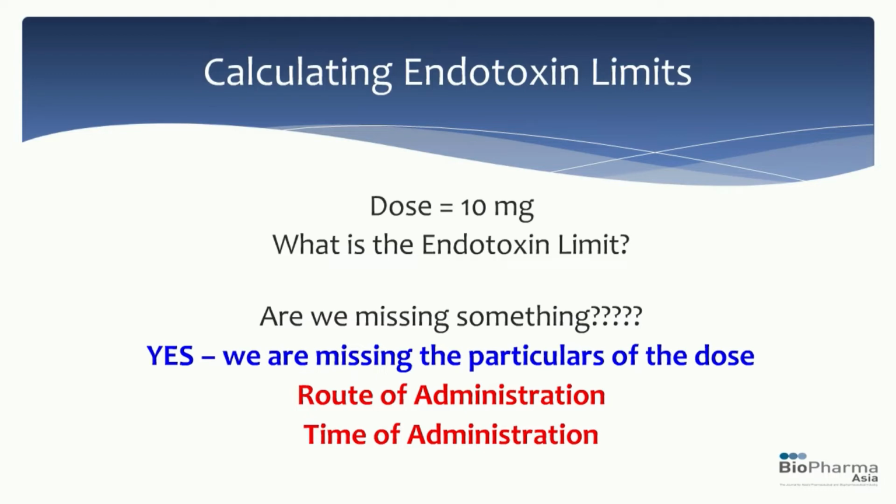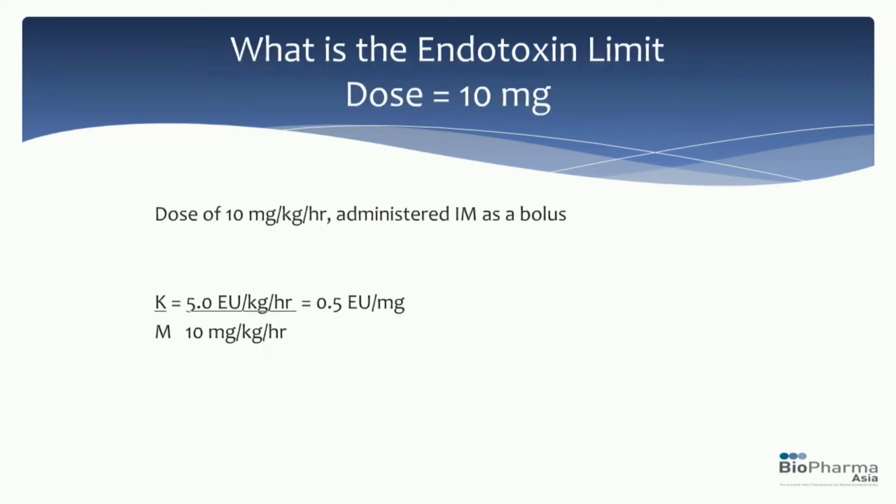For intramuscular and intravenous injections, it's 5 EUs per kilo. For intrathecal injections, it's 0.2 EUs per kilo per hour. So we have to worry about the route of administration, and we have to worry about the time of administration, because we're looking at the amount of endotoxin that can be introduced into the person in the course of only 1 hour.